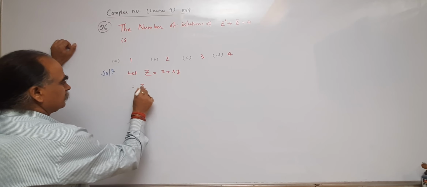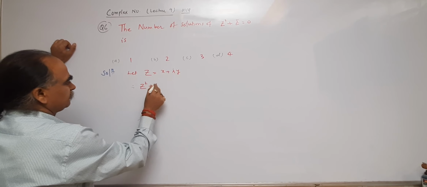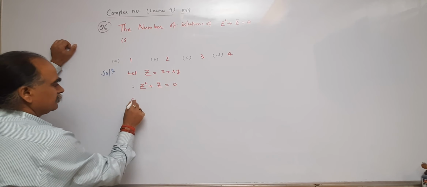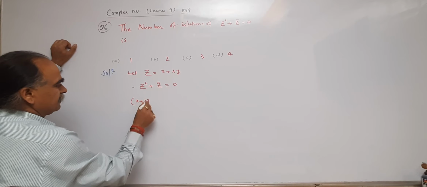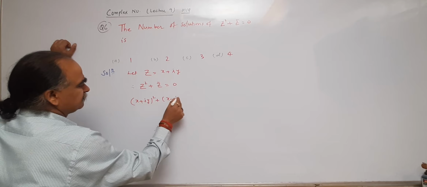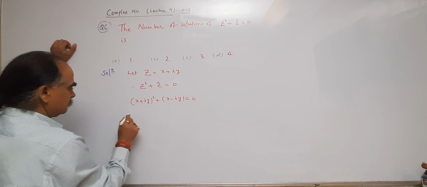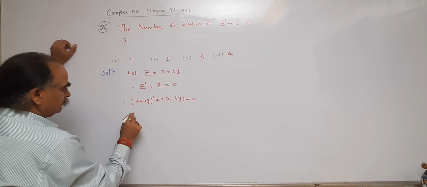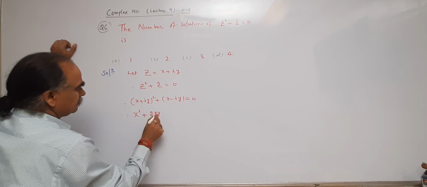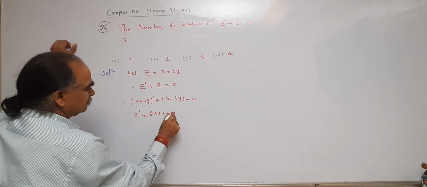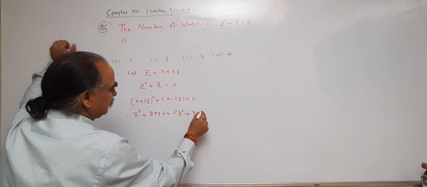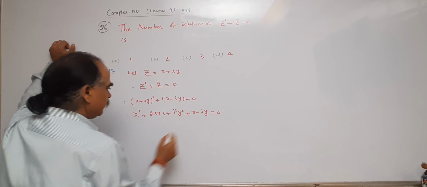Therefore z square plus z bar equal to 0 will become (x plus iy) square plus x minus iy, which gives x square plus 2xyi plus i square y square plus x minus iy equal to 0.